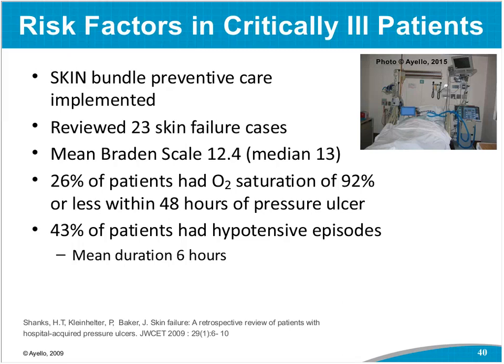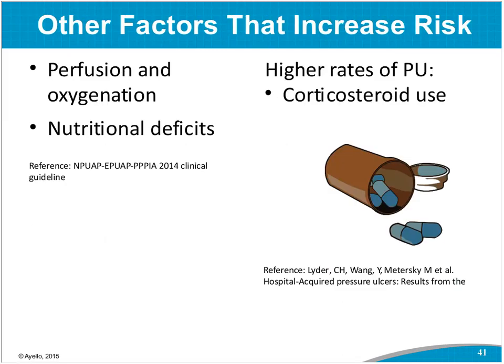Of the people who got pressure ulcers, 26% had O2 sats of 92% or less, and almost 43%, a large proportion, had hypotensive episodes. So they started to look at those as predictors and risk factors in their critical care area, and once they did that, they were able to decrease pressure ulcers.